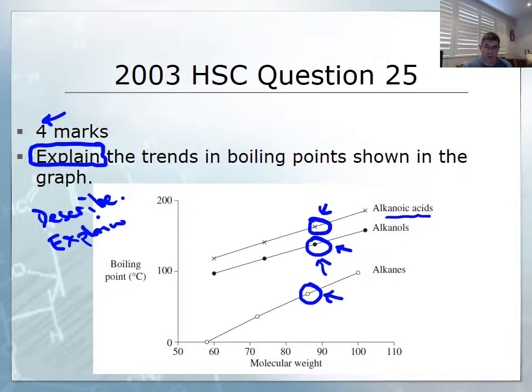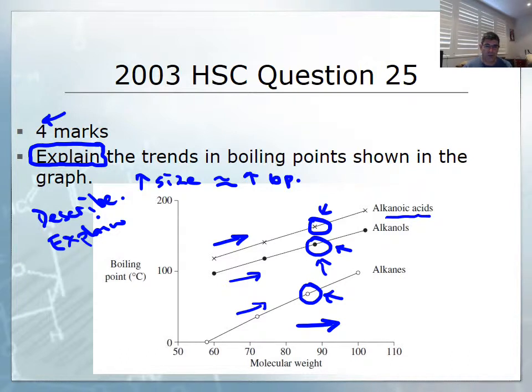There is also a trend that's moving in this direction, that is going with an increase in molecular weight. And you can see that each of these graphs is angled upwards. So therefore, we need to describe the fact that an increase in size is equivalent to an increase in BP. So that's one description of what you can see.